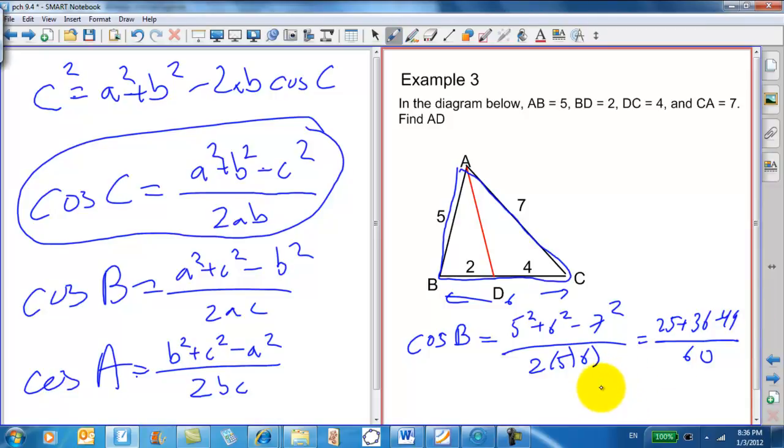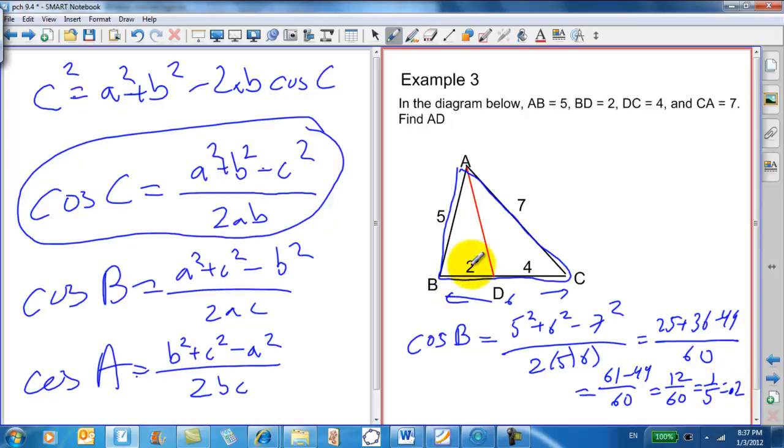Which ends up being 61 minus 49 over 60, which is 12 over 60, which is exactly 1/5 or 0.2.